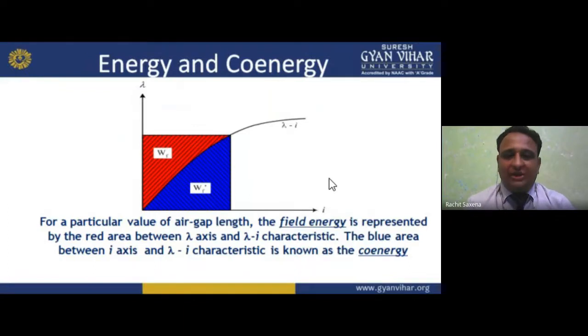Now energy and co-energy. Two things are there. For a particular value of air gap length, the field energy is represented by the red area between the lambda axis, the y-axis, and the lambda-I characteristic. The y-axis represents lambda and the x-axis represents I. The blue area between the I axis and the lambda-I characteristic is known as co-energy.